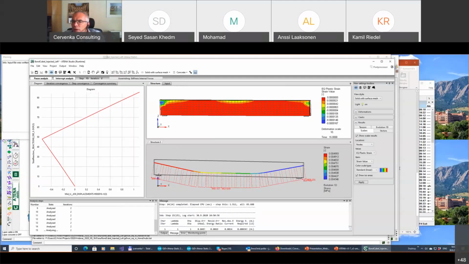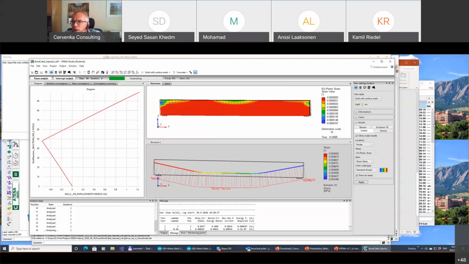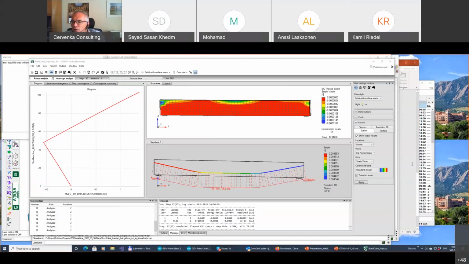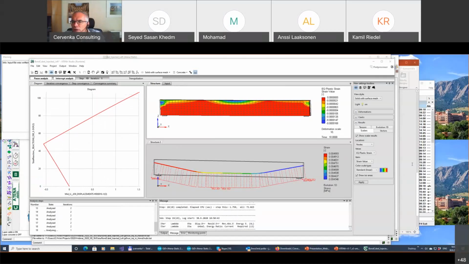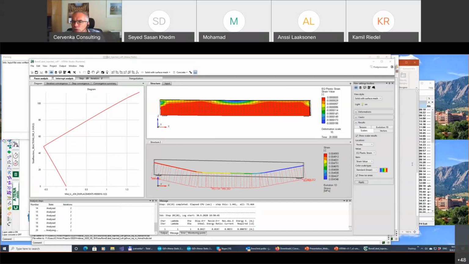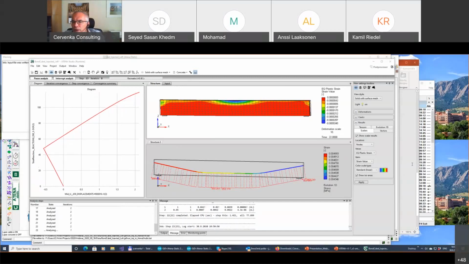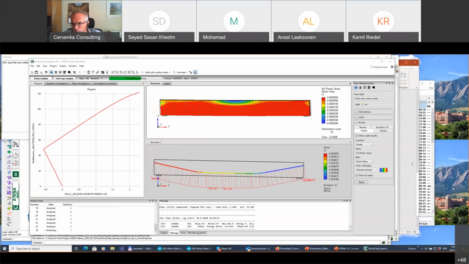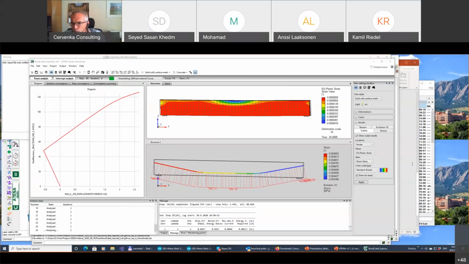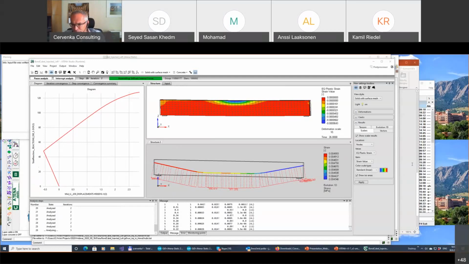Dario Lamaza is asking, is there a possibility to have the file for the analysis of the bridge loaded with the moving track and the analysis of corrosion evolution? Well, of course, you can combine it, but we have to understand that the moving of the track is usually a fast process and the corrosion takes time.